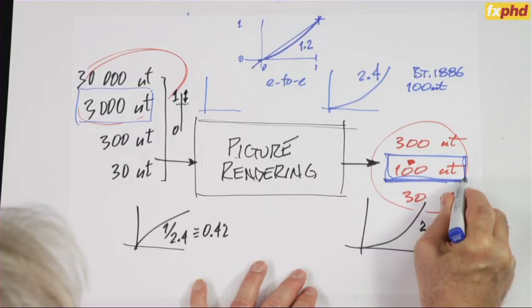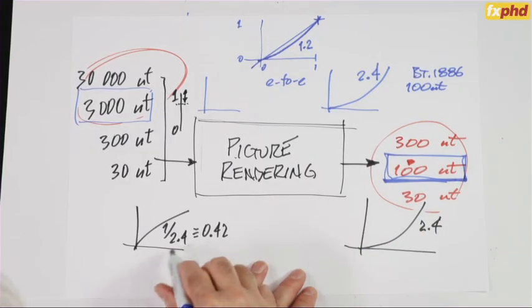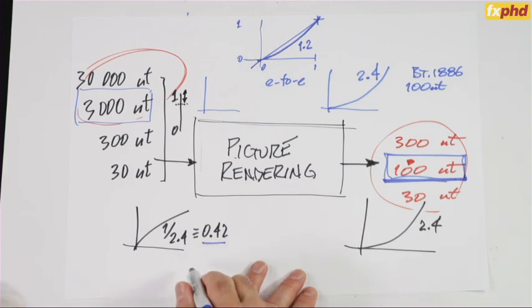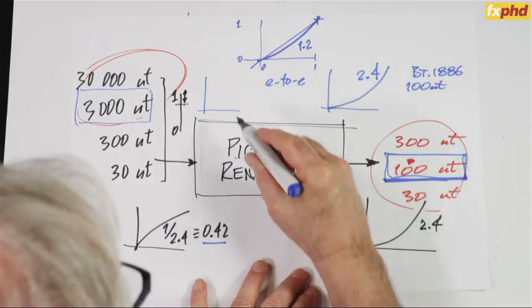That's the HD number. Now, theoretically, you would think, okay, that means the camera needs to be set to about a 0.42 function, but we don't do that.